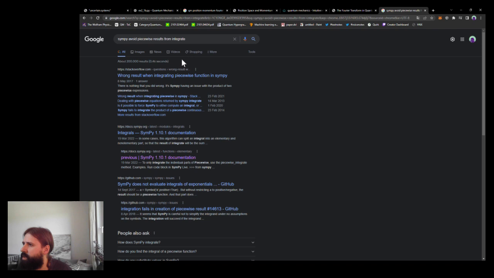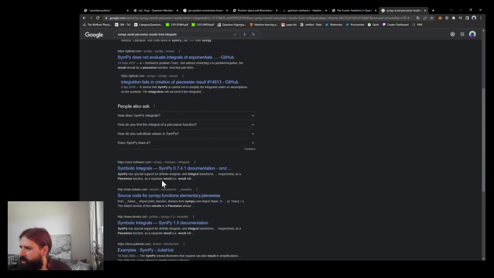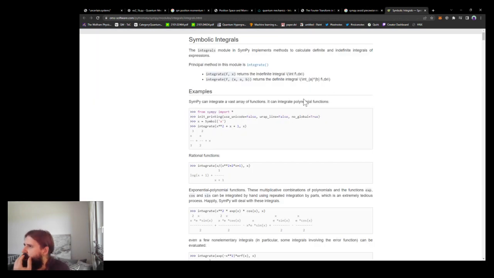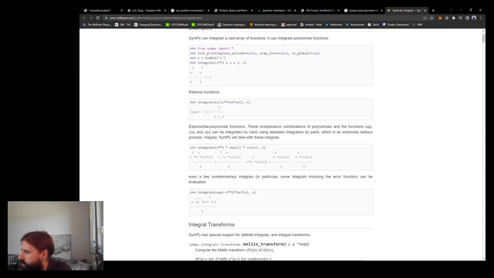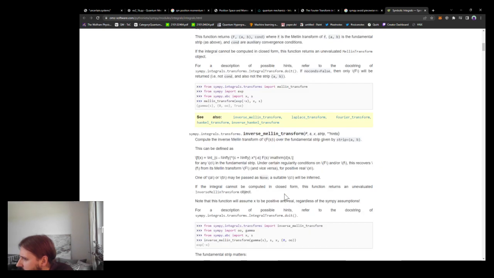Symbolic integrals. The integrals module implements methods for definite and indefinite integrals of expressions. The main method is integrate. SymPy can integrate a vast array of functions: polynomial functions, rational functions, integral transforms, definite integrals.